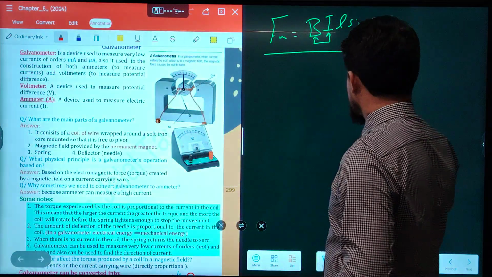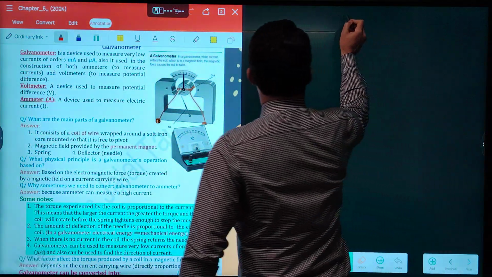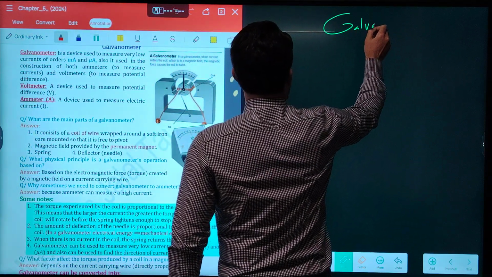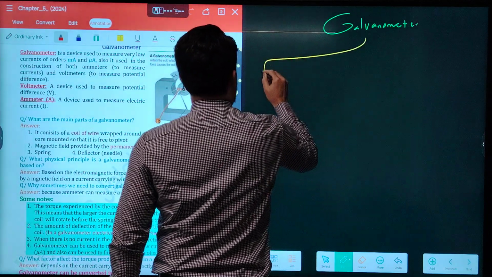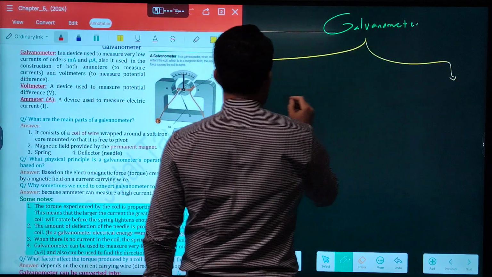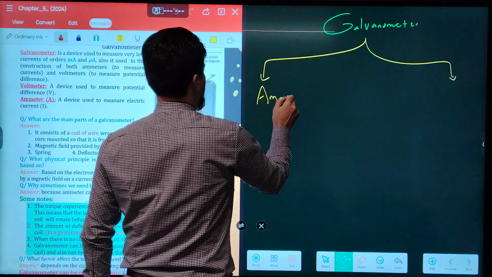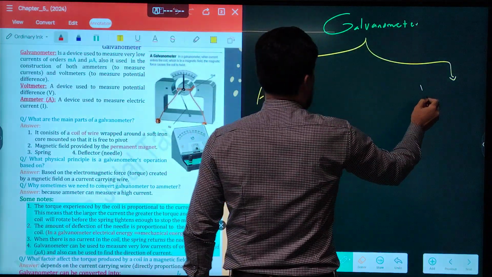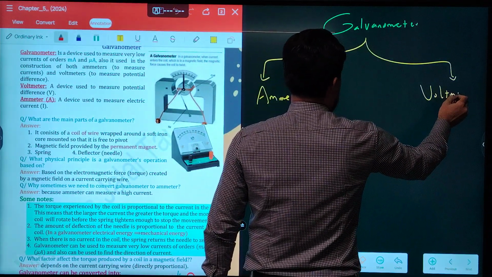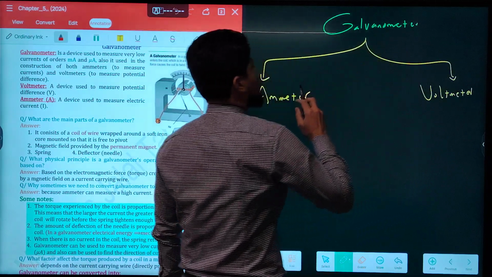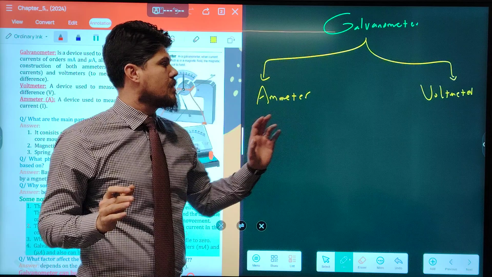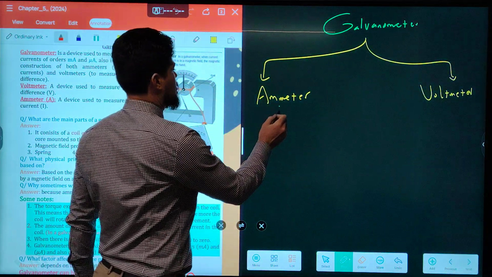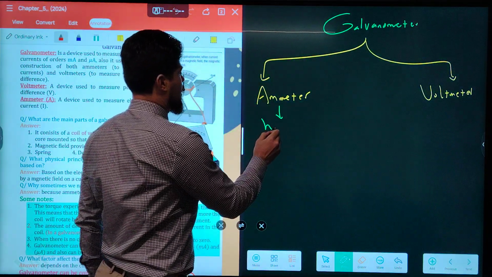So can we convert a galvanometer? This is like a galvanometer. We can convert a galvanometer into an ammeter and a voltmeter. A galvanometer can be used to measure very low current, in the order of milliamperes and microamperes, but an ammeter can be used to measure high current.